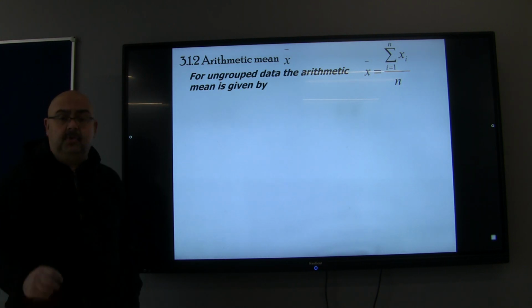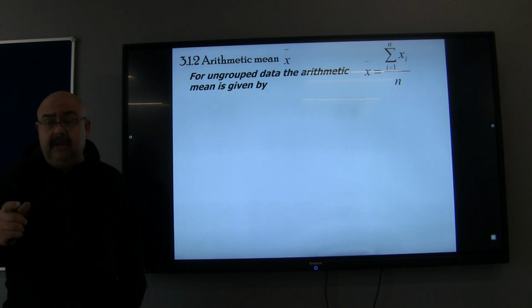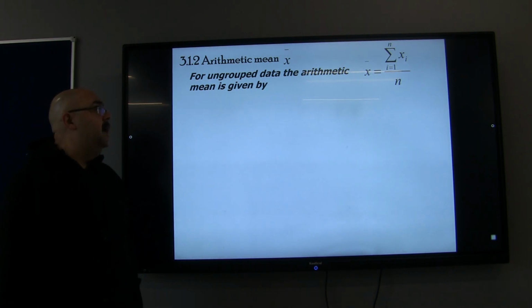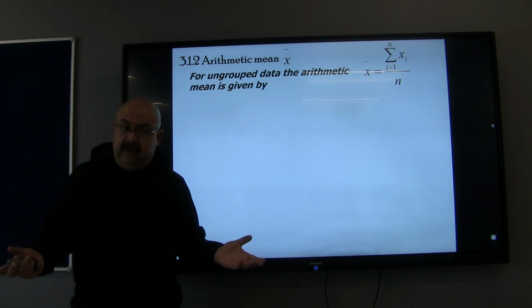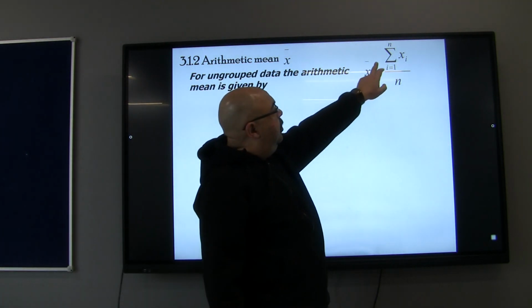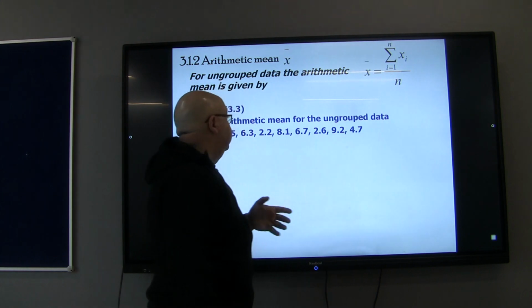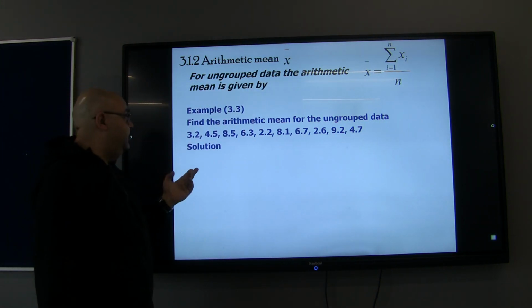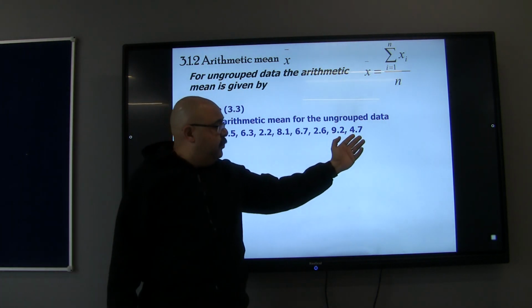Arithmetic mean is one of the most famous measures of central tendency. And in case of ungrouped data, which are the raw data, it's very, very simple. All you have to do is to get the sum of all the observations divided by their number. For example, you have 3.2, 4.5, 8.5, and so on, till you reach 4.7.